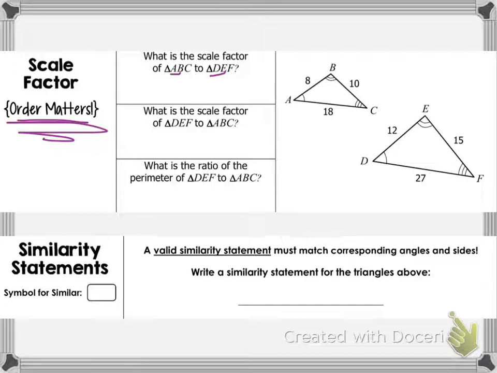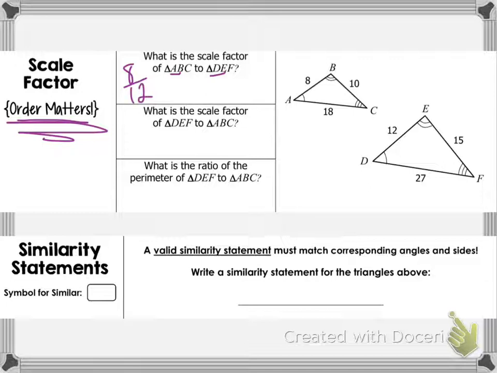So side AB is right here, and the measure of that side is going to be 8. So we're just going to put 8, and then draw a little fraction bar, and then we're looking at side DE over here. Those are corresponding sides. And DE has a measure of 12.